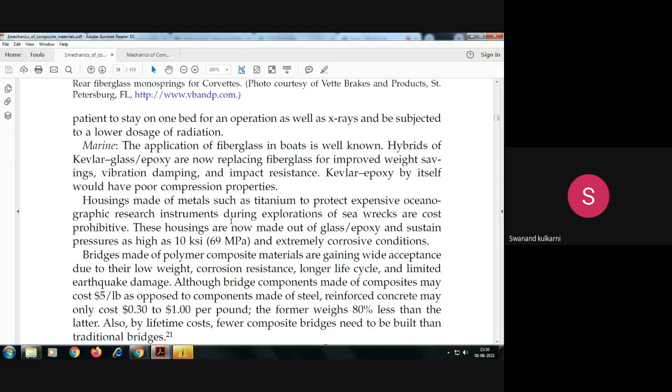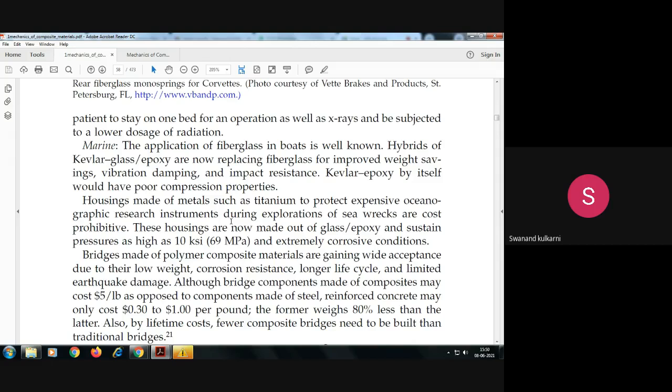Then it has an advantage of vibration damping. So Kevlar glass epoxy has an advantage of vibration damping. This absorbs the vibration and it has good impact resistance. Kevlar epoxy itself would have poor compression properties.